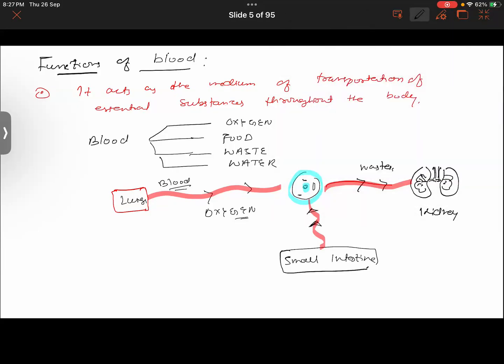Pay close attention to the arrow. By the way, this is a cell from any part of the body. So blood will be bringing the nutrients from the small intestine to the cell. It will be bringing in all the digested nutrients to the cell. The nutrients will be provided to, in fact, all parts of the body through this blood. So did you understand all this or not? Please let me know.